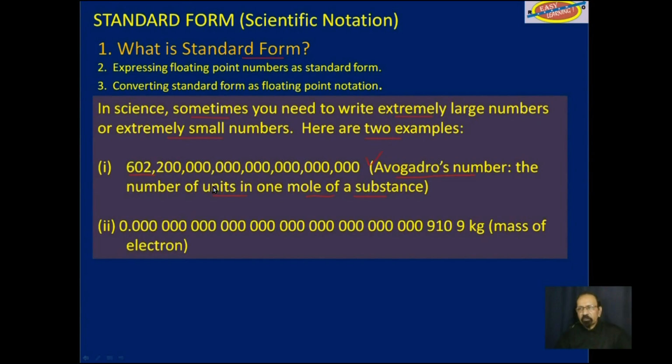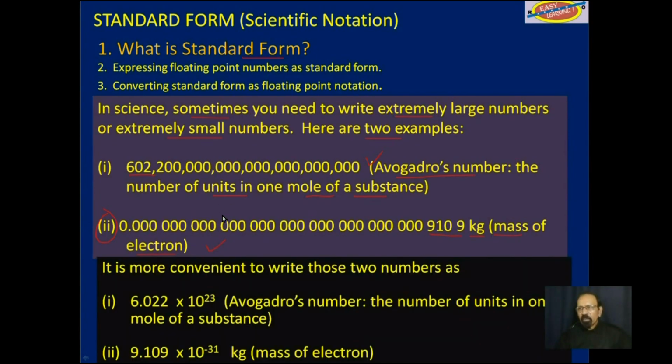But then you have this other number here, which begins with 0.000, a whole bunch of zeros, and ends up with 9109 kilogram, and that is the mass of an electron. This is an extremely small number. So there must be a more convenient way of writing those numbers than the way you see them here.